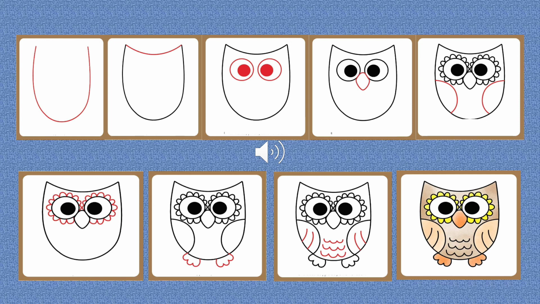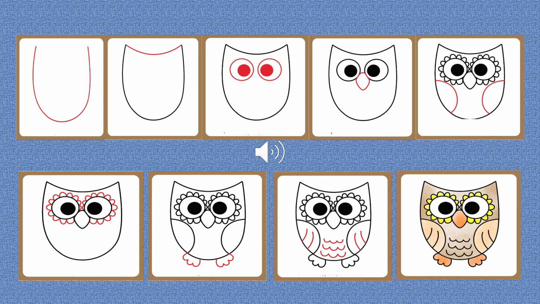Before you begin, observe this owl. Notice the body proportion, the size of its head, and position of the wings, and if there is a tail, etc. So first of all, you have to draw a U shape, then make two circles for the eyes, then of course a triangle shaped beak, then a flower design around the eyes, and of course for the wings, two diagonal lines on both sides and small legs.